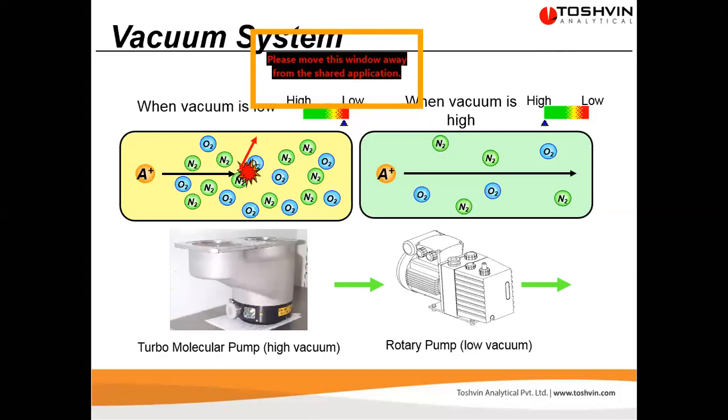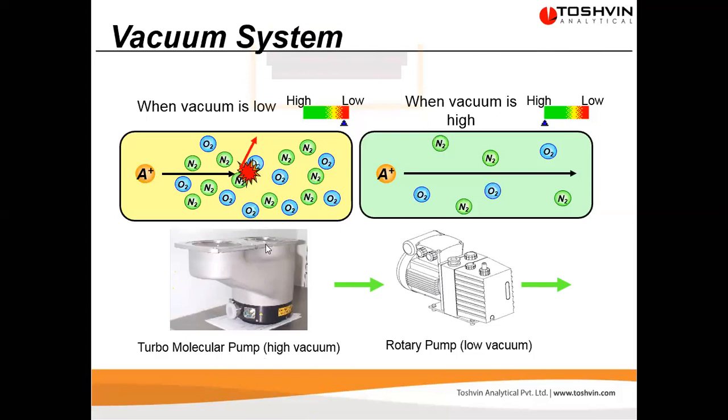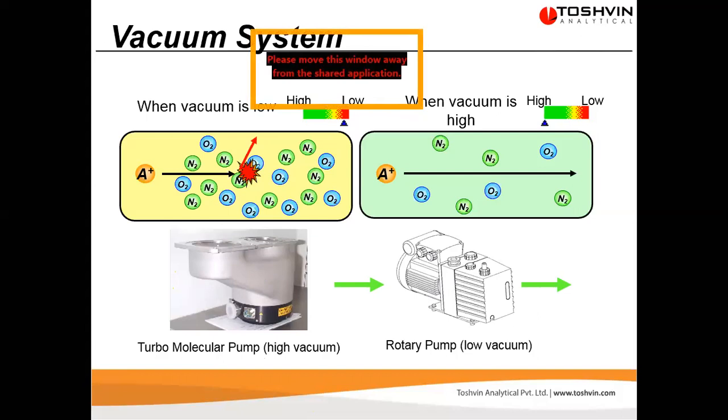Now, why are there two different pumps in this system, turbomolecular pump and rotary pump? The reason is, as the name suggests, turbo, it rotates at very high RPM. So if I directly switch on the turbomolecular pump, there are chances of it getting damaged.